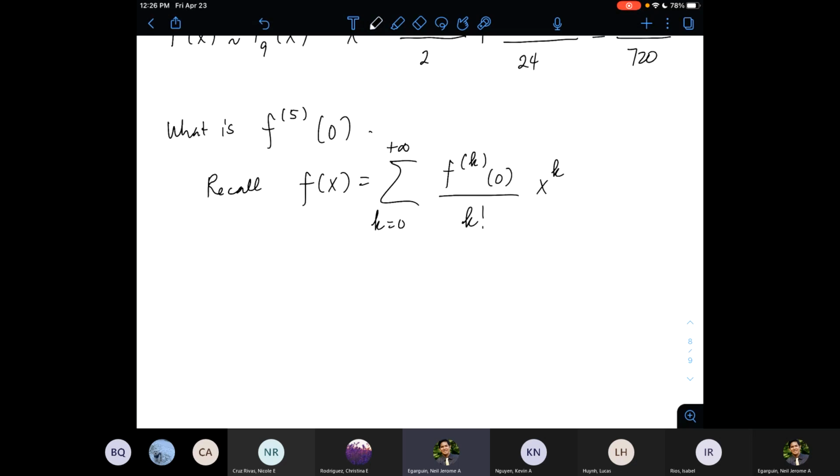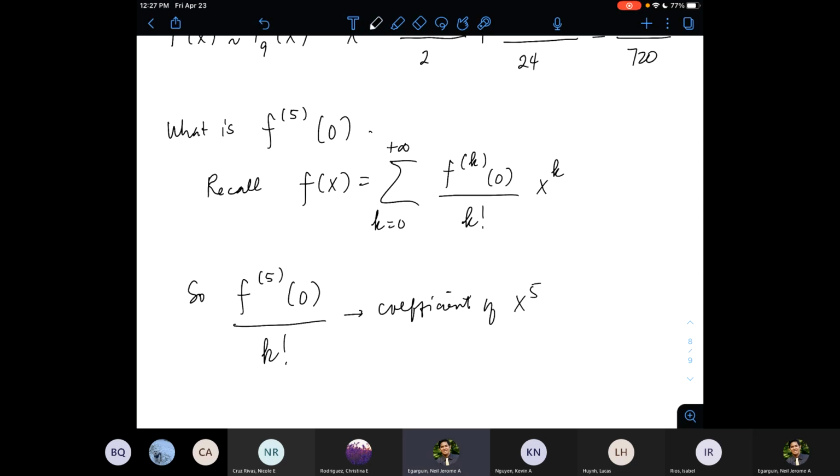So what do we notice here? I'm looking for f upper 5 of 0, right? But f upper 5 at 0 is related to the coefficient of x to the 5th, right? So that means the coefficient of x to the 5th is equal to this guy.